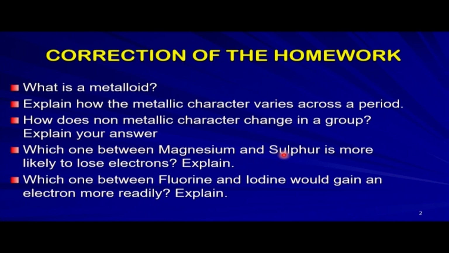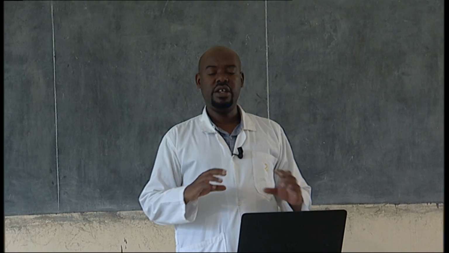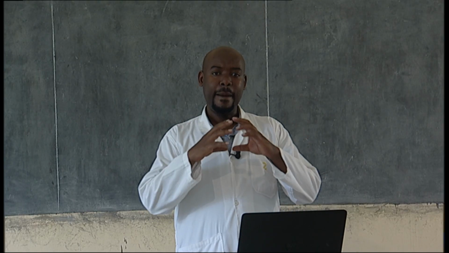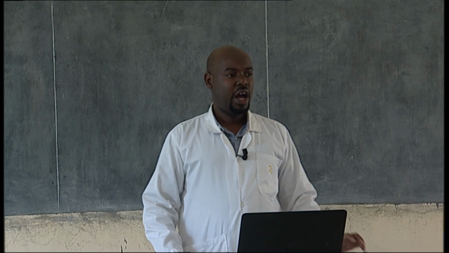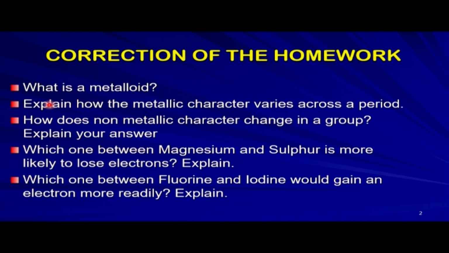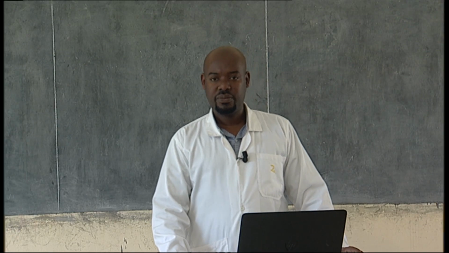Which one between magnesium and sulfur is more likely to lose electrons? Magnesium and sulfur are in the same period, and we have seen in question number 2 how metallic character, which is the ease of losing electrons, varies across the period. So we would expect magnesium to lose electrons more easily than sulfur.